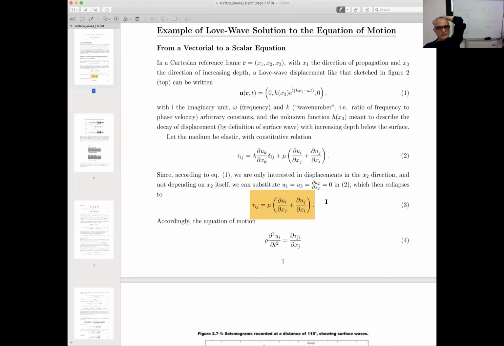Another way to put it is that this is divergence free, since there's no component in the direction of propagation. All we see here is shearing, and there's no compression or expansion, so the divergence is zero. Okay, it's the partial of u_k over x_k, implicit sum over k, is the divergence, and it's got to be 0.